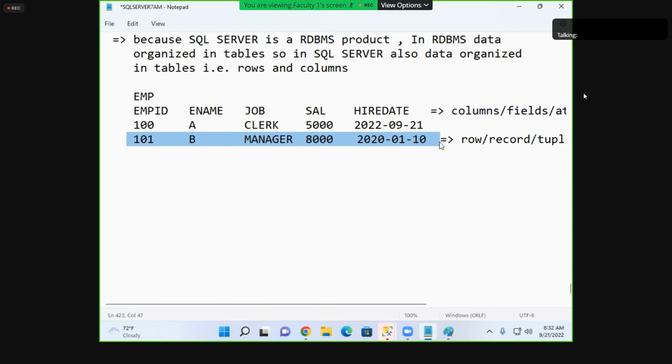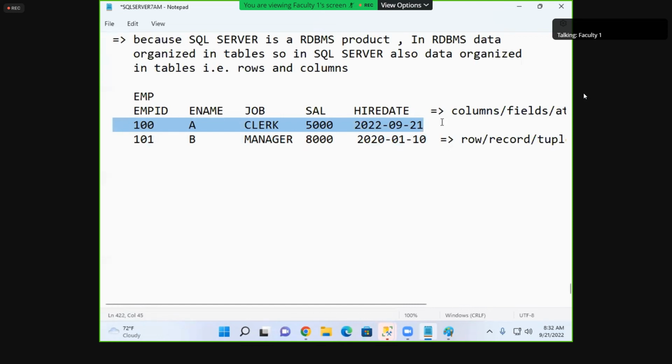One record contains one employee's data. In the employee table, one record contains one employee's data. So this contains the first employee, employee 100, and this contains another employee, employee 101's details. In the employee table, each row contains one employee's details.